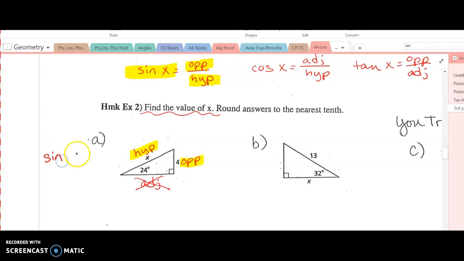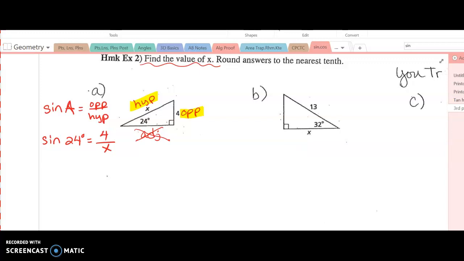So sine of the angle equals opposite over hypotenuse. So in this case, we're going to say sine 24 degrees equals 4 over x. Okay, so here's where we throw this in the calculator to find sine 24. And sine 24 was 0.4067.